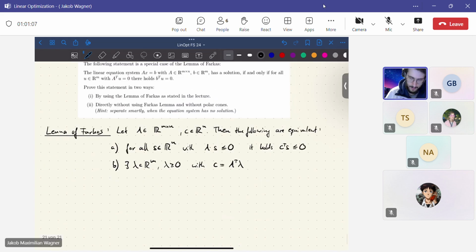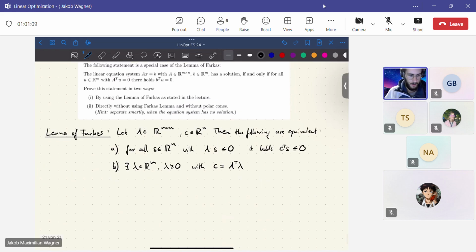Now this is, let's say, the algebraic variant of the lemma of Farkas.